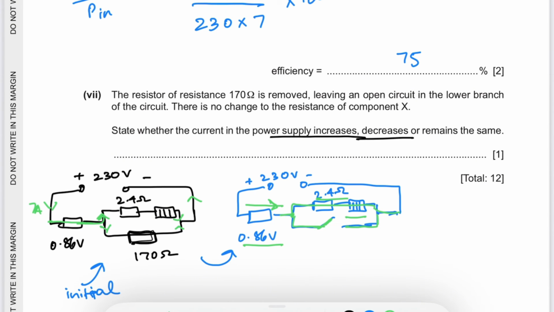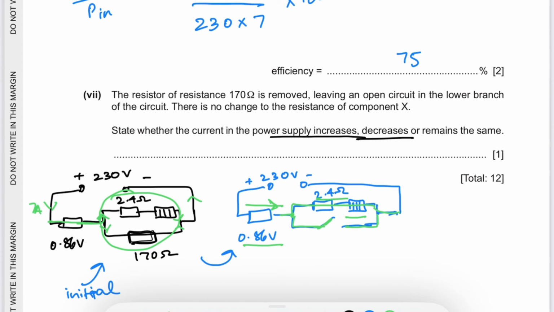Why? Because previously we had these resistors and the heater combined in parallel. That means the total resistance would have been smaller. Remember, the total resistance in a circuit is always smaller when some or all of the electrical components are combined in parallel, in comparison with a scenario where they are connected in series.